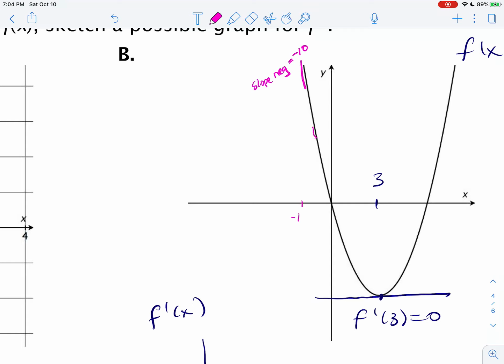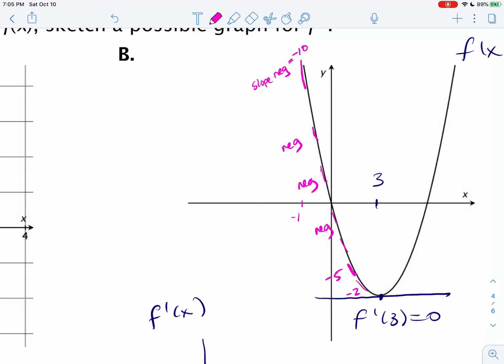But as I get closer and closer, I start getting smaller negatives. It's still going to be negative, but over here it's less negative. That might be like a minus 5, and this might be like slope negative 2. It's becoming less steep, so it's less negative.